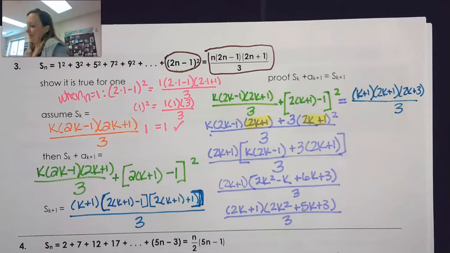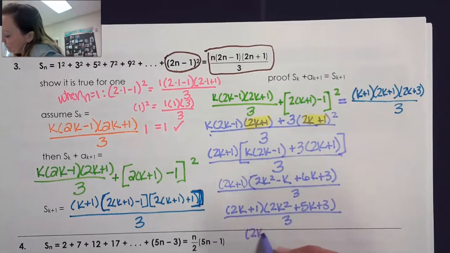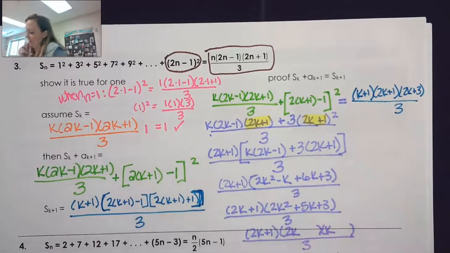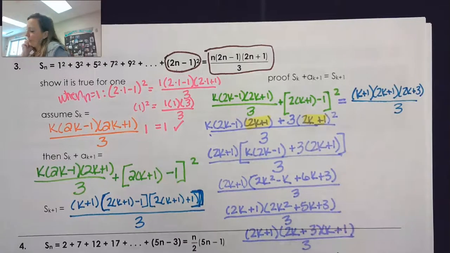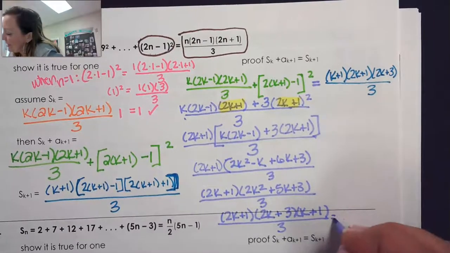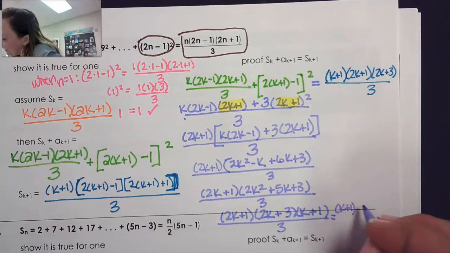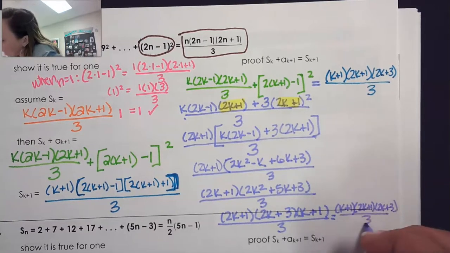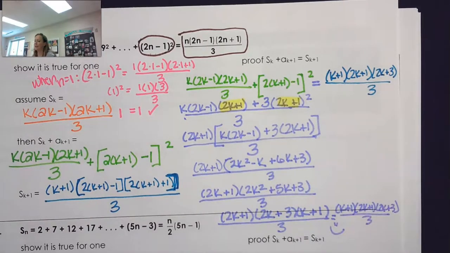And that's a quadratic I could probably factor. So I could use 2k and k. And I want factors of 3, where the outer and inner give me 5. So I can use 2k plus 3 and k plus 1. Is that what we wanted? Does that match up? Yeah. It's in a different order, but remember, multiplication is commutative. So we should be okay there, all right?